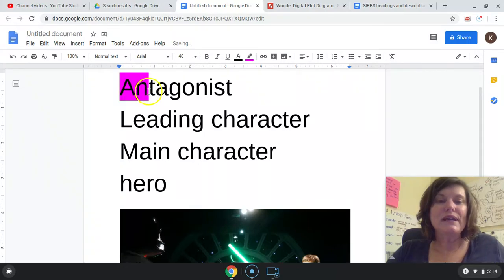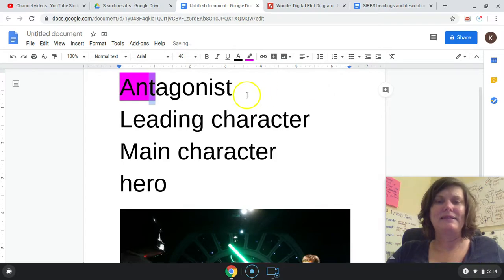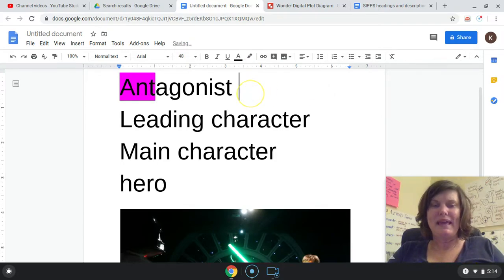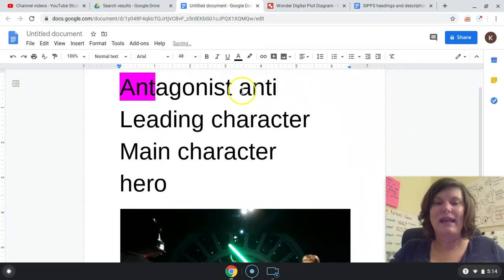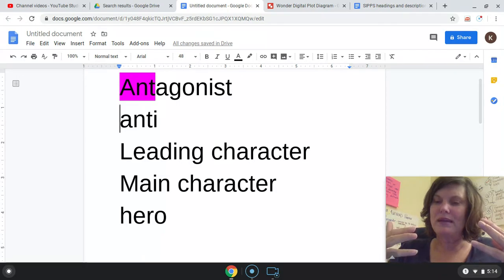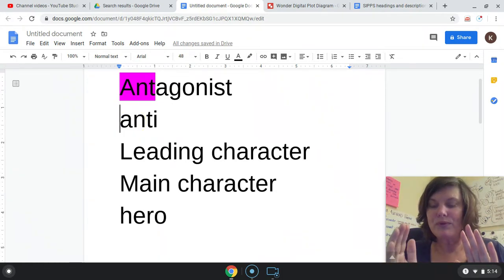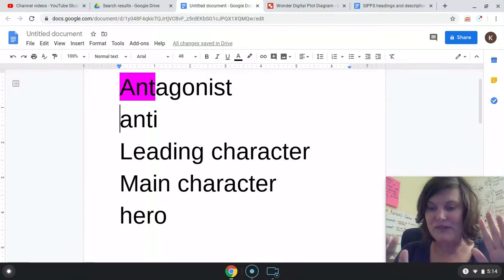And if you look at the beginning part of this word, antagonist, you almost see the word anti, and we know if you are anti something, you are against it. And that's how you can remember who the antagonist is. So anti is against. So antagonist and protagonist are opposites.